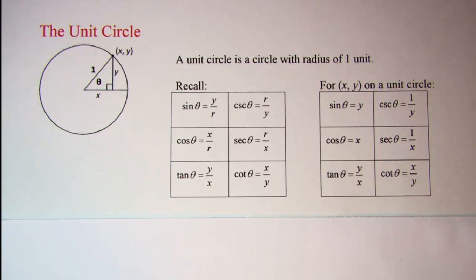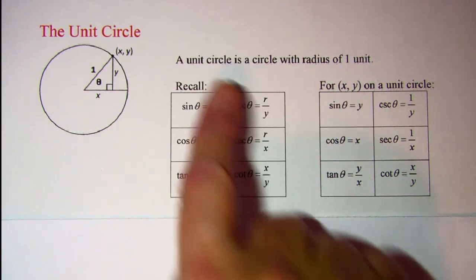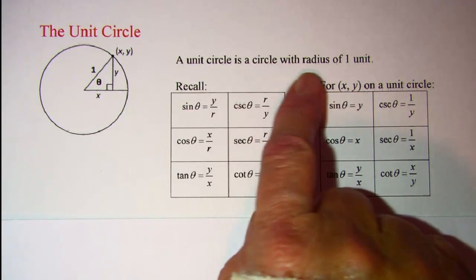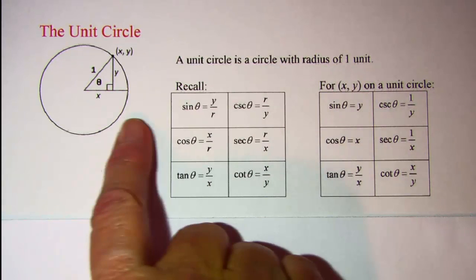In this video, we'll be looking at the unit circle and trig functions, often called circular functions when we talk about them in conjunction with the unit circle. Now basically, a unit circle is a circle with a radius of 1 unit.